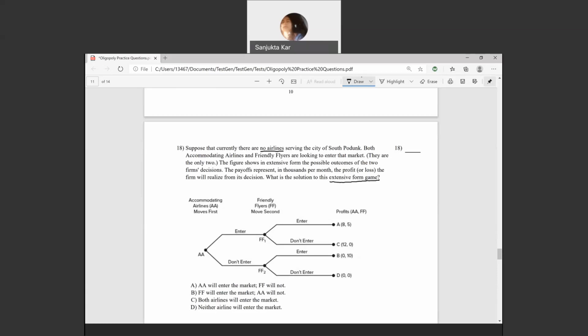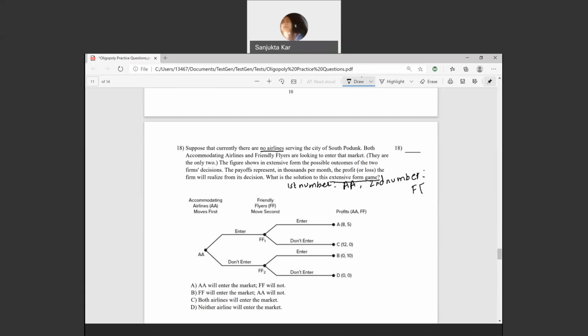All right, AA and FF. Take a look at A, B, C, and D. The first number in brackets is for the first mover, who is AA, and the second number in brackets is for the second player, who is FF.